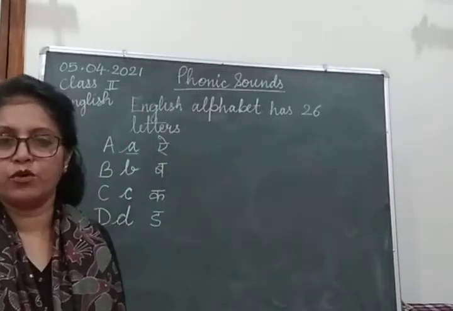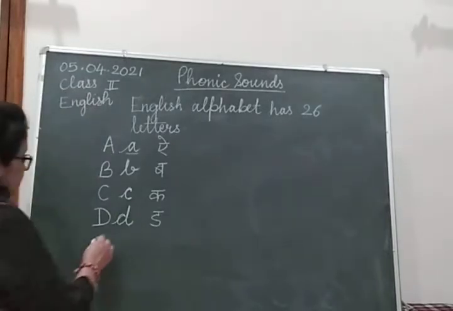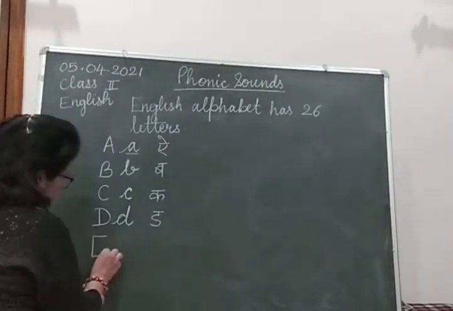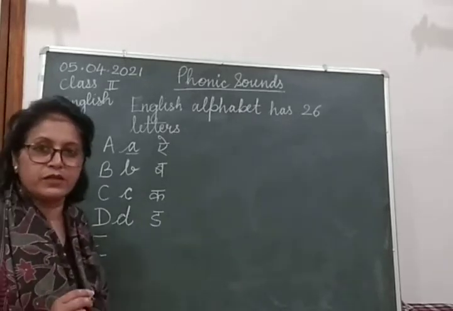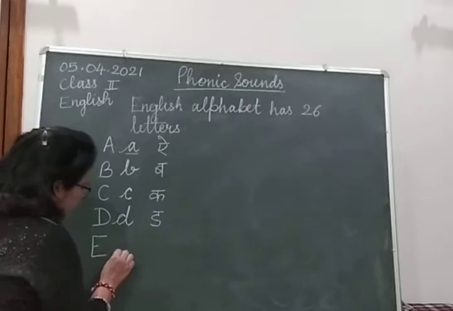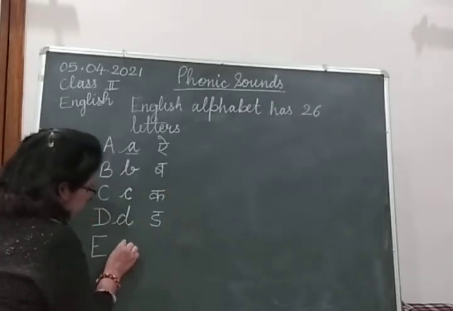Next letter of English alphabet is E. Isn't it? And we write letter E in cursive way like this.